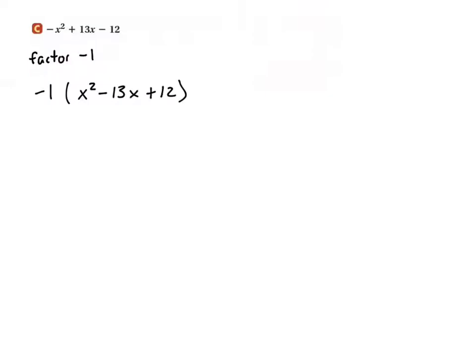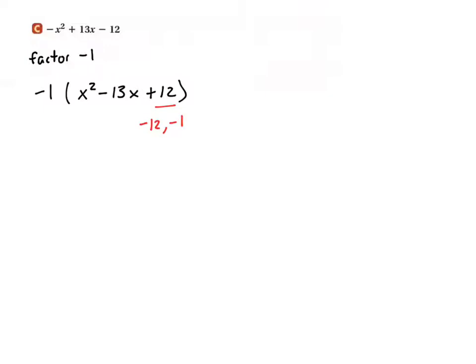What we want to do now is find two numbers that multiply to be 12 but add to be negative 13. Because that middle number is negative and our C value is positive, that means both of our factors have to be negative values. And I already know what I'm going to be looking for, negative 12 and negative 1.